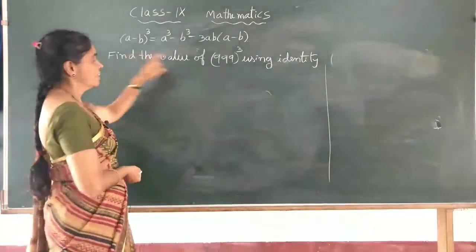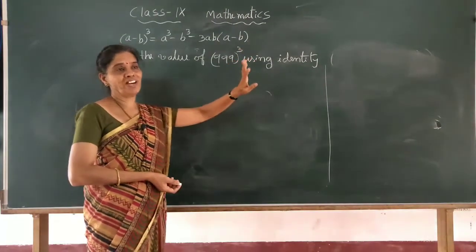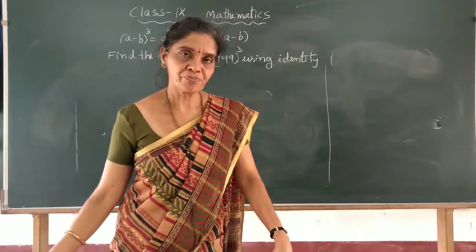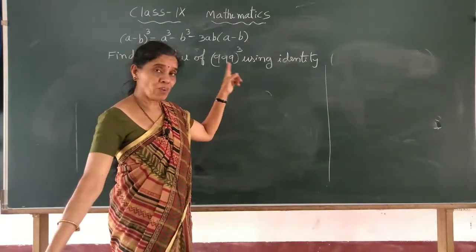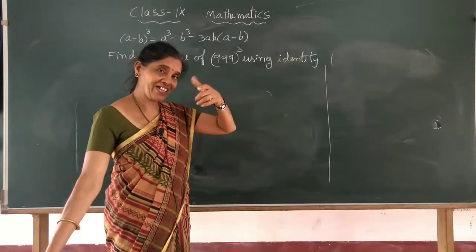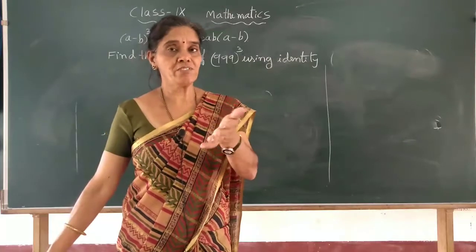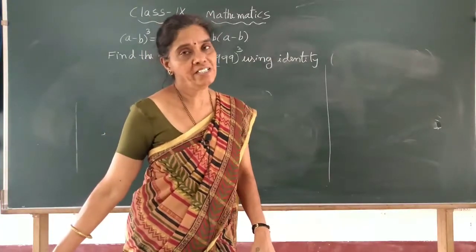Now here cube is there, so we have to use either a plus b cube or a minus b cube. Since there is only one number, we have to split 999 into two numbers, so that when you simplify the two numbers, you should get 999.